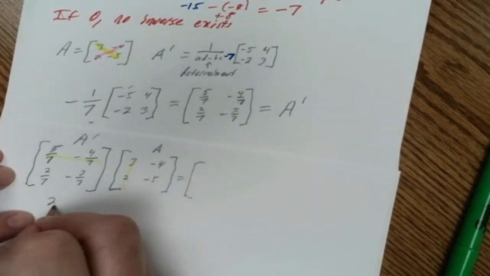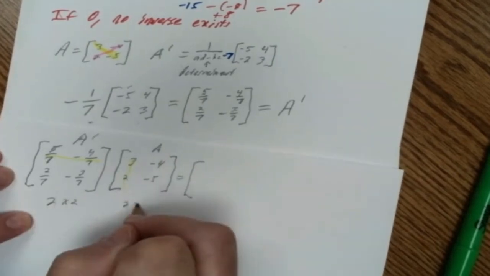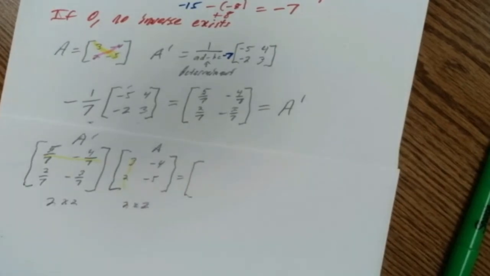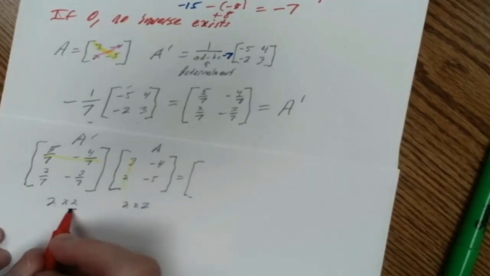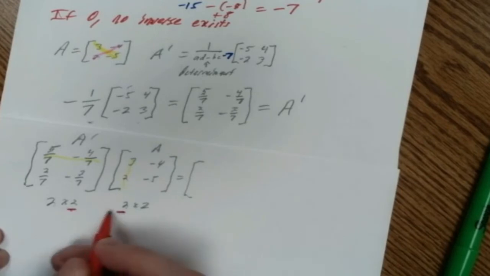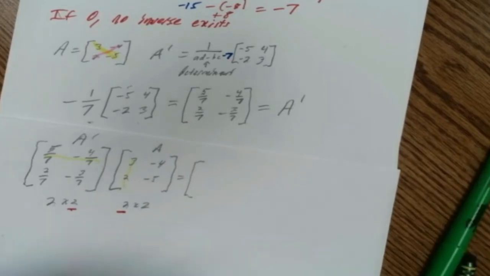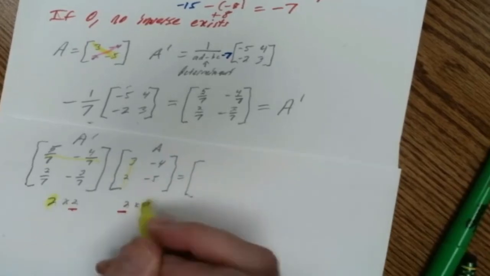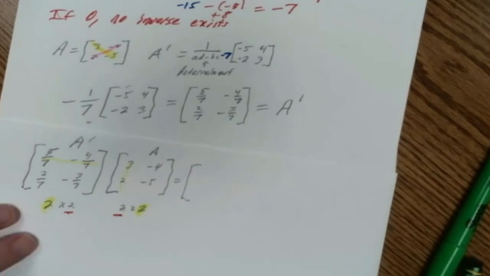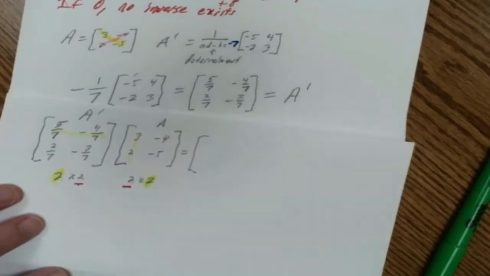Now this is a 2 by 2, and this is a 2 by 2. So we know that we can multiply them because these inside numbers, this 2 and that 2, are the same. And what we end up with is what these outside numbers are: a 2 by 2.